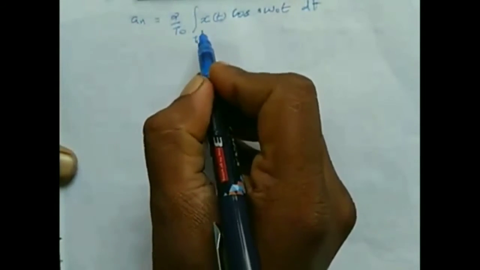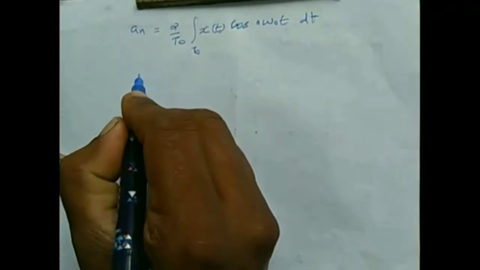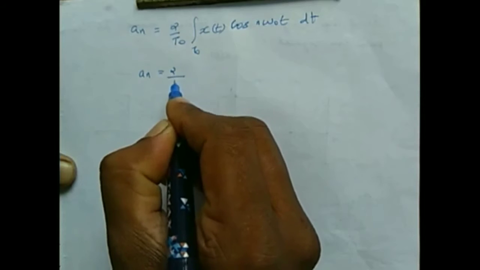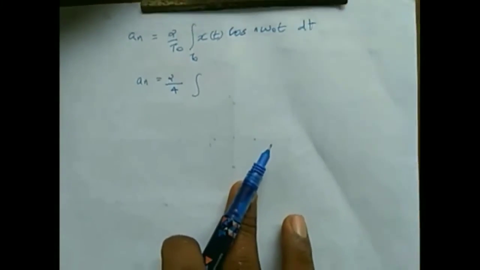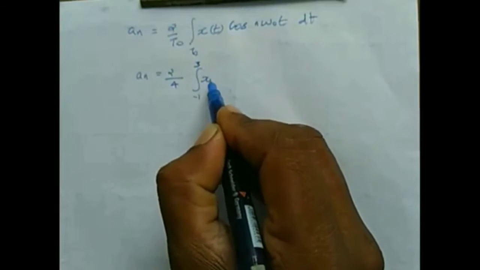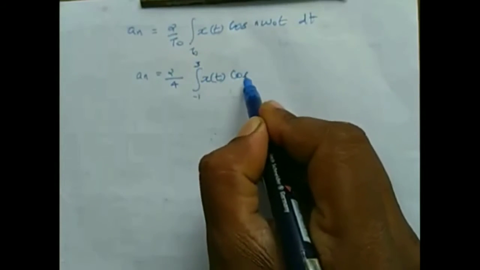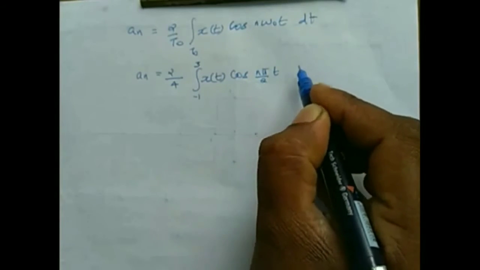So substituting for T0, the limit of integration, as well as omega 0 in this equation, we get an is equal to 2 by 4, integral, the signal varies from -1 to 3, x of t cos n pi by 2 t dt.